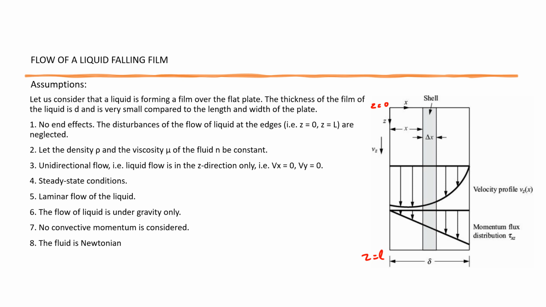Let the density rho and mu be the viscosity of fluid. These are constants, and unidirectional flow. Liquid flow is in z direction. Liquid is flowing in z direction only. Therefore, Vx and Vy are equal to 0.